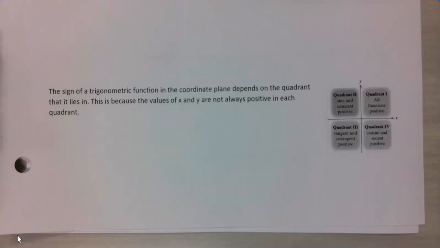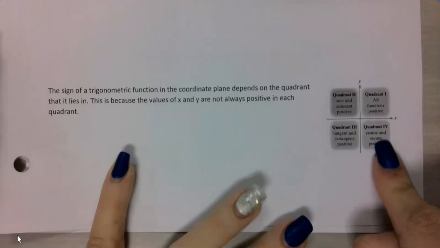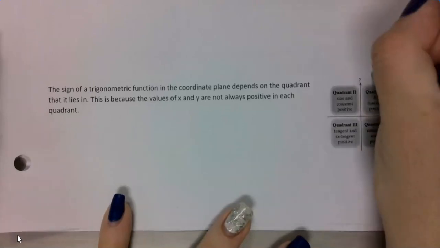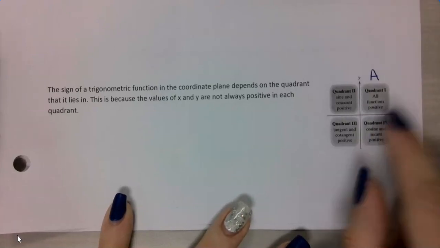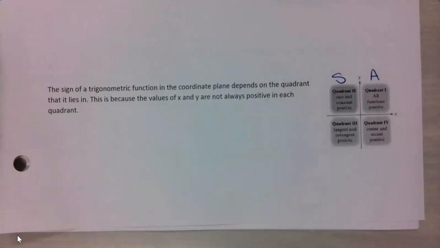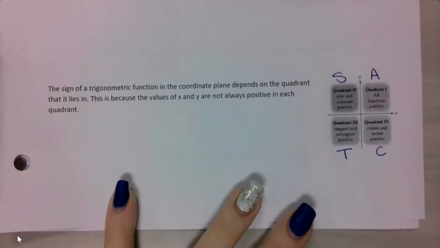Next thing is the sign of a trig function in the coordinate plane. It depends on the quadrant it lies in. Remember, we have our quadrants 1, 2, 3, and 4. It goes counterclockwise. All of them are positive in the first. Only sine and cosecant are positive in the second. In the third, only tangent and cotangent. And in the fourth, only cosine and secant.